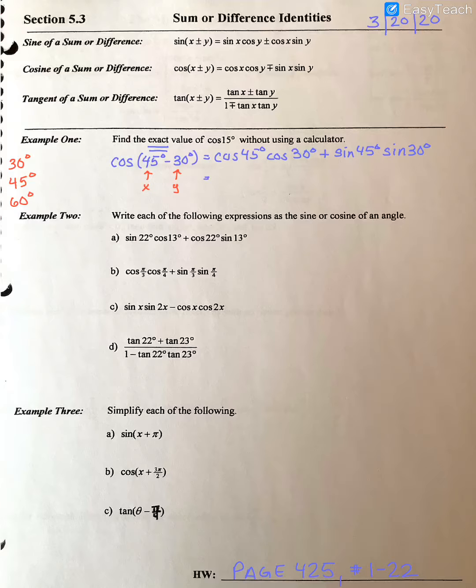Our next step is, I'm hopeful you have your unit circle reference charts by your sides as we go through this, but these are all things we know. Let's write them down. Cosine of 45 degrees from your chart is square root of 2 over 2 times cosine of 30 degrees.